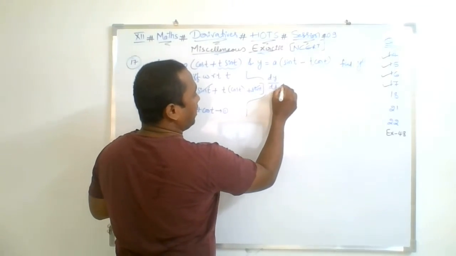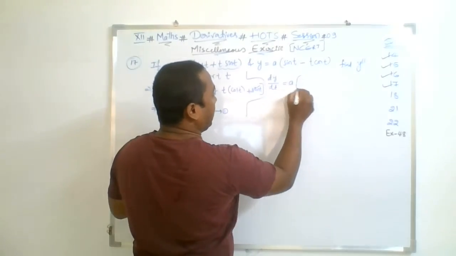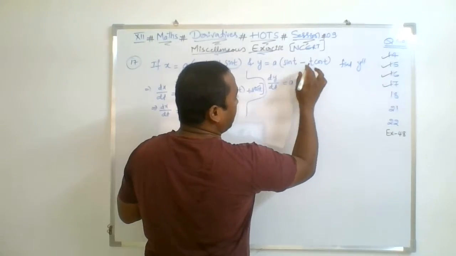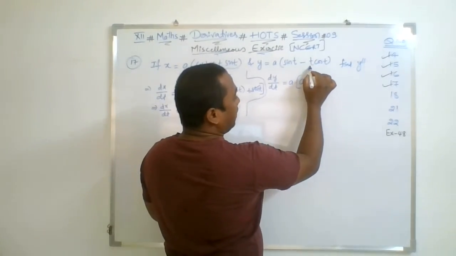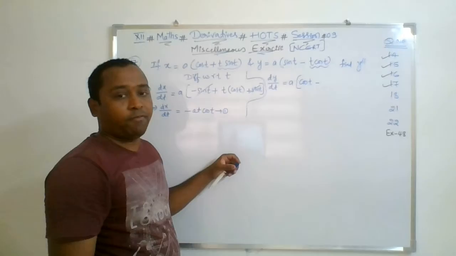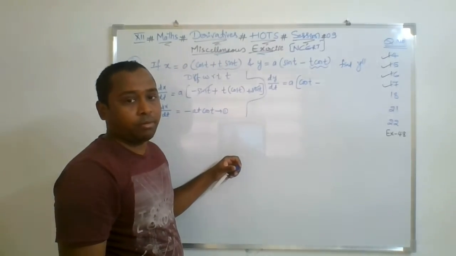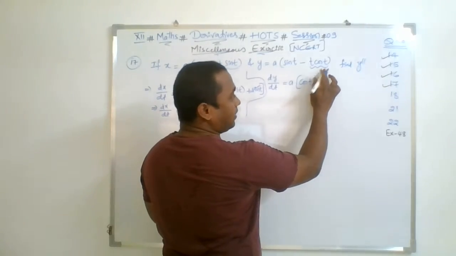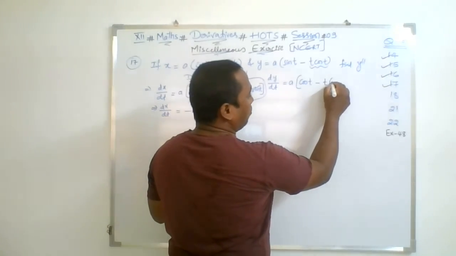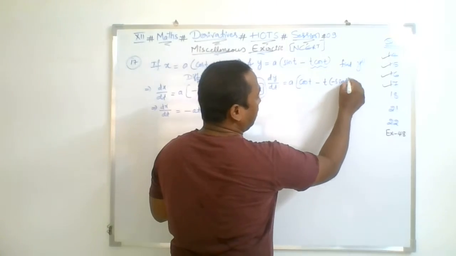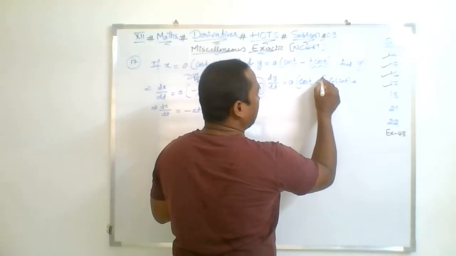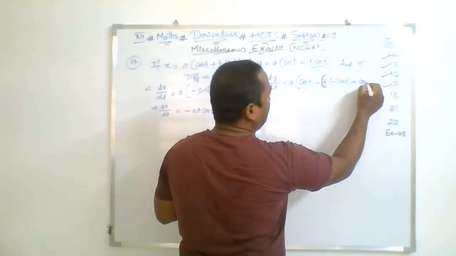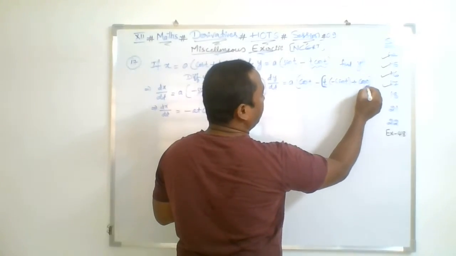Then go with the derivative of this function with respect to t. So dy by dt equals a into derivative of sin t, which is cos t, minus, now again this function is a product of two variables, you need to apply product rule. So t into derivative of cos t is minus sin t, plus cos t into derivative of t is 1.